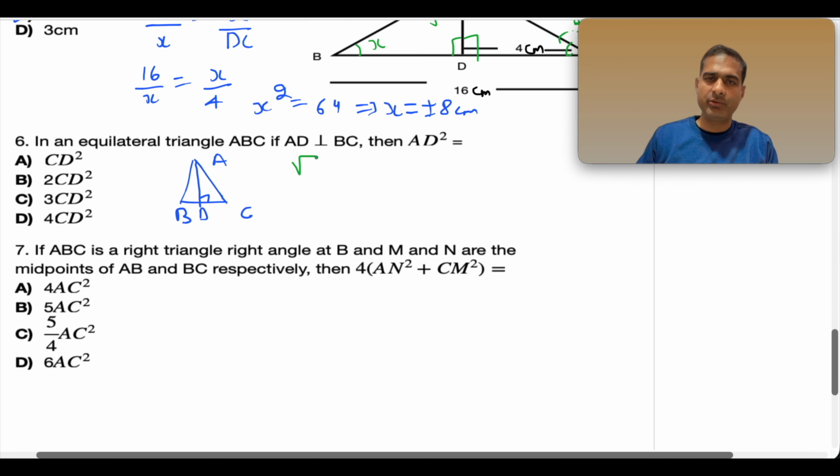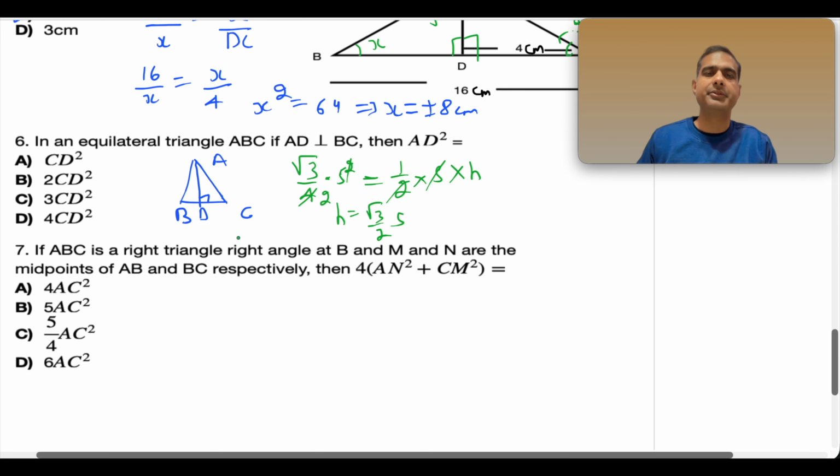The area of an equilateral triangle is root 3 by 4 times side square, and we can also figure out its area as half into base, so side, into height. So here we can cancel out 4 by 2, so 2, and one of the side can be cancelled out, so height will be root 3 by 2 times its side.